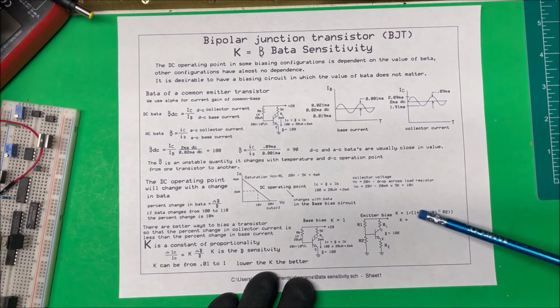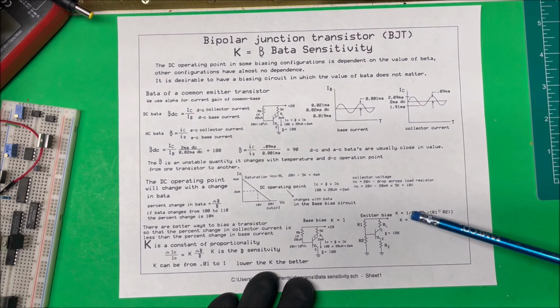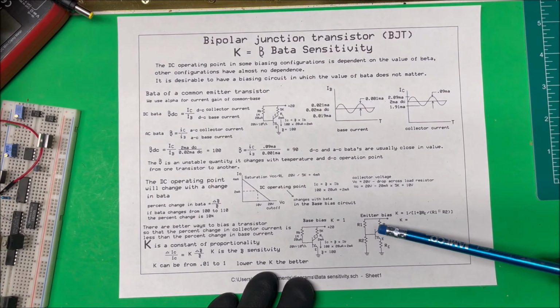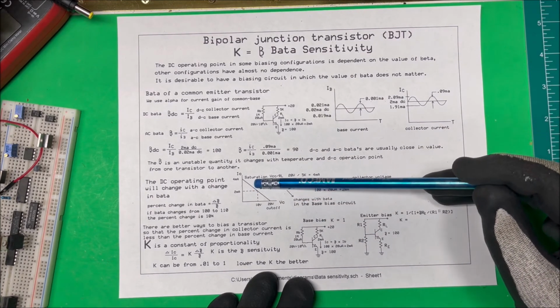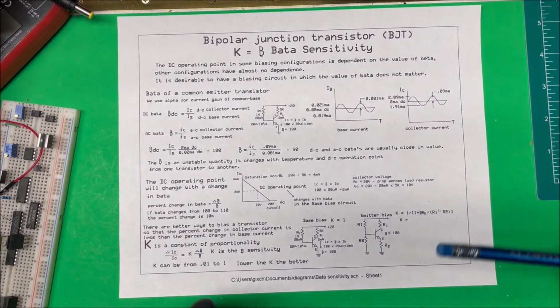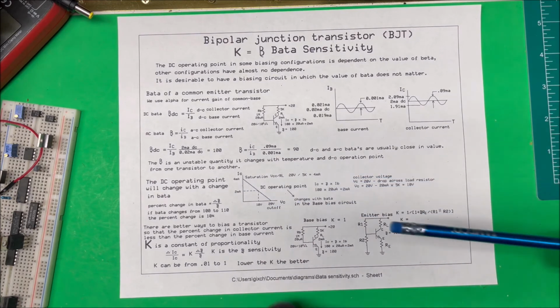So you can see that by changing these resistors around, we can get our K value down to, say, 0.02 or something like that. So if we change the beta from 100 to 200, it's not going to matter in our circuit. Our DC operating point is going to stay in the center, wherever we have it, and our AC current and voltage can ride up and down on that.